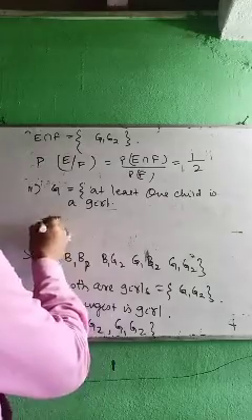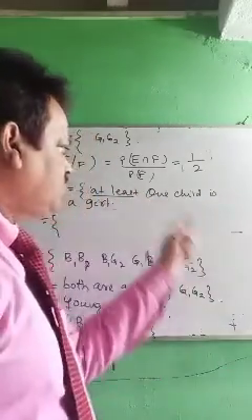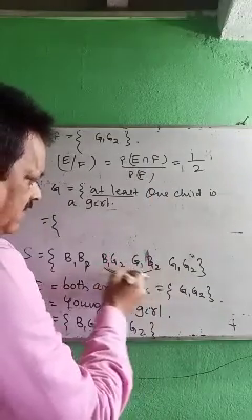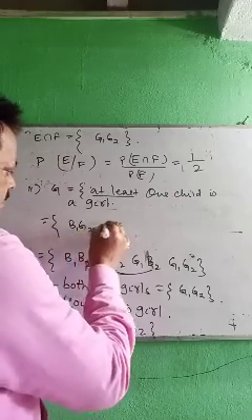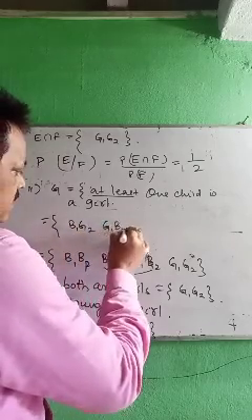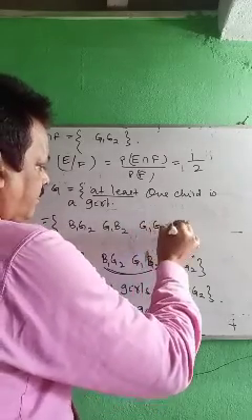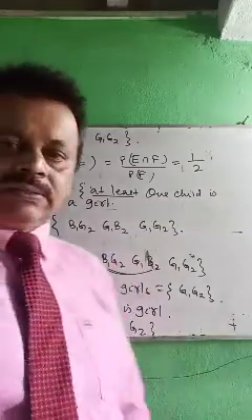Okay. So at least means what? At least one means one and more. Means one girl and two girls. So one girl means this one you can take, B1, G2, G1, B2, G1, G2. At least one means one girl and two girls.